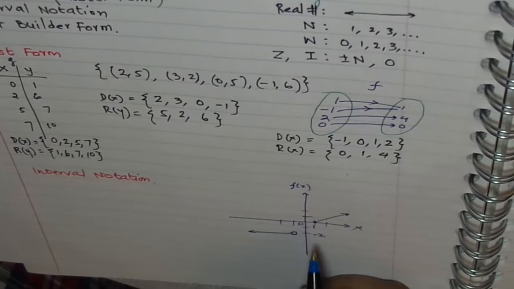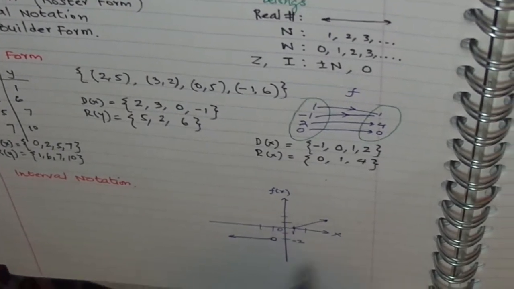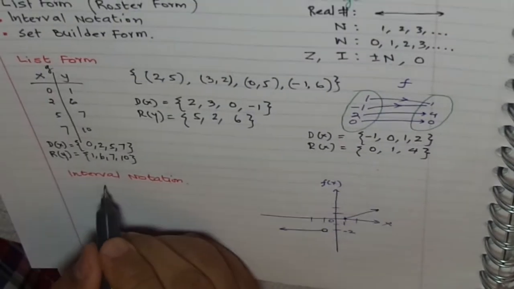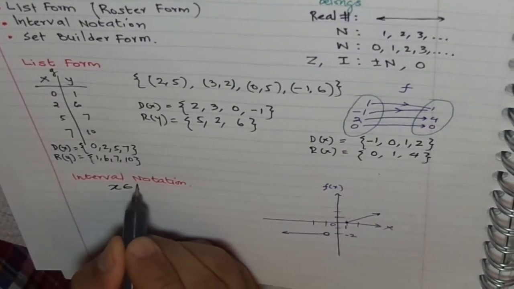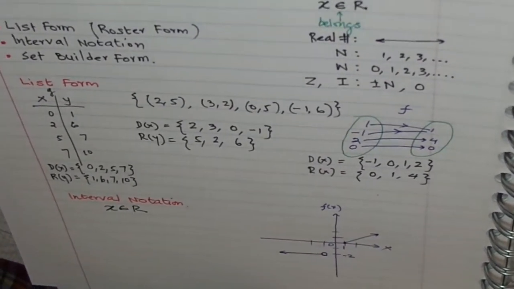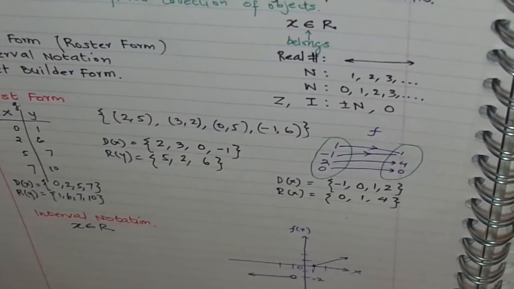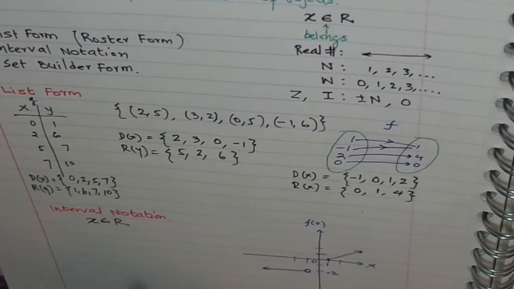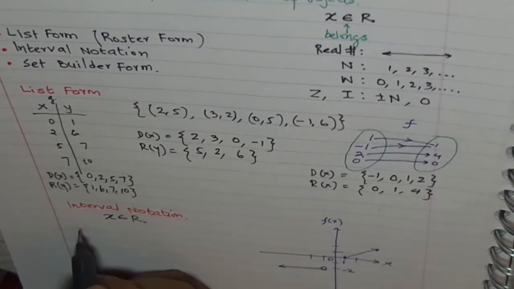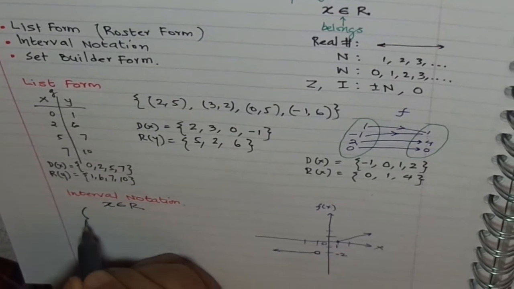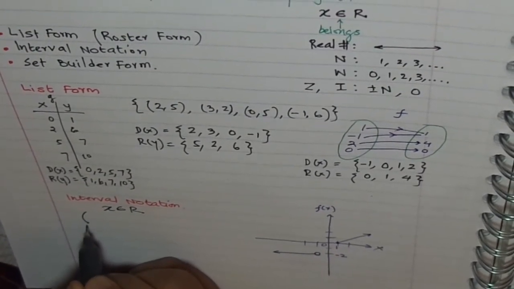In interval notation, we use brackets. You should know that we are assuming that here x belongs to real numbers. We don't really write that x belongs to real numbers, but it is taken as default, correct? In this, we include two types of brackets. This is the opening bracket which says start from here but do not include.